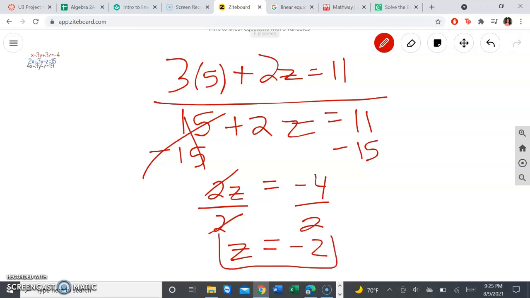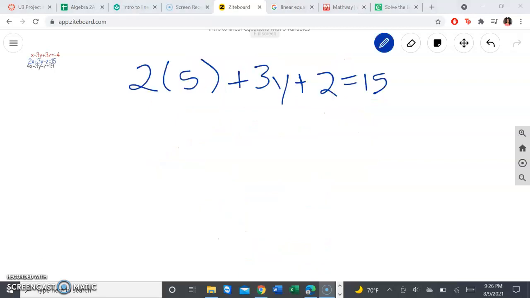So now that we have two variables, we still need y. So now we are going to use our answers of x equals 5 and z equaling negative 2, and we're going to plug it into an original equation and that should give us our last variable.